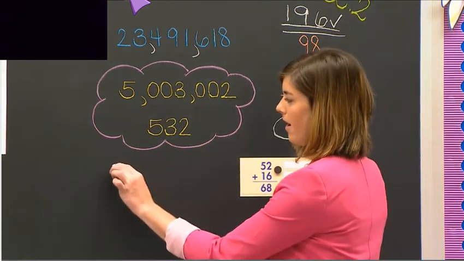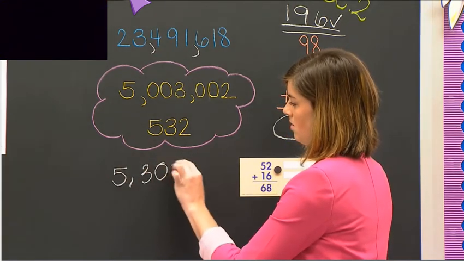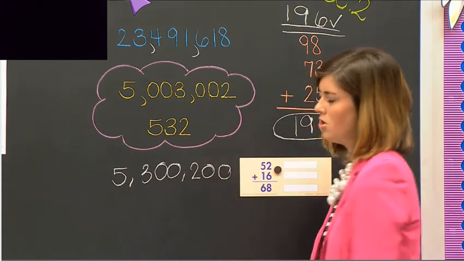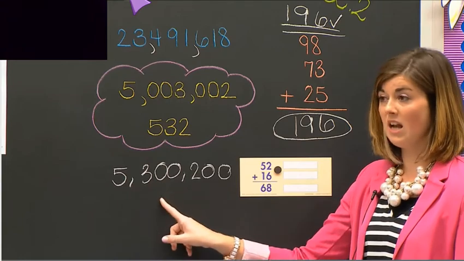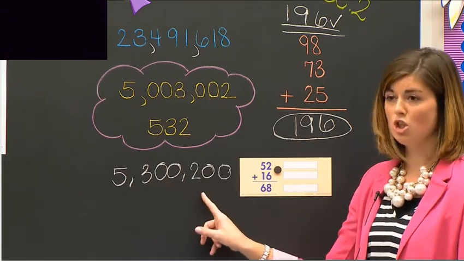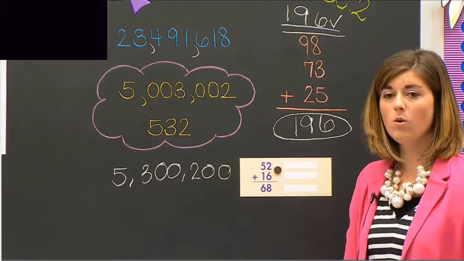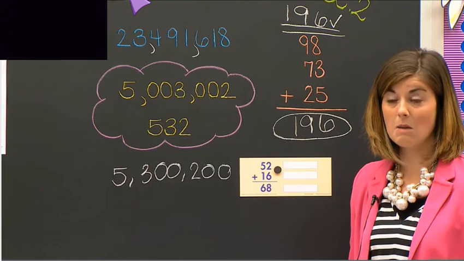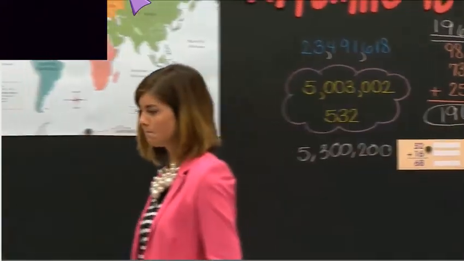If I wrote 5 million, do you see the difference between these two numbers? This is 5,300,200. There's a difference between those two. So it's very important that we put the zeros in the right spot so that our number does not get mixed up.